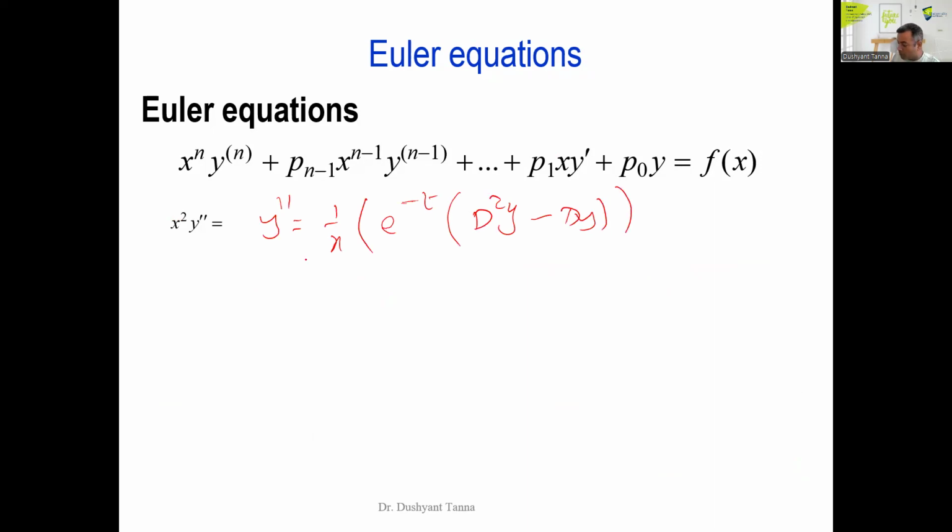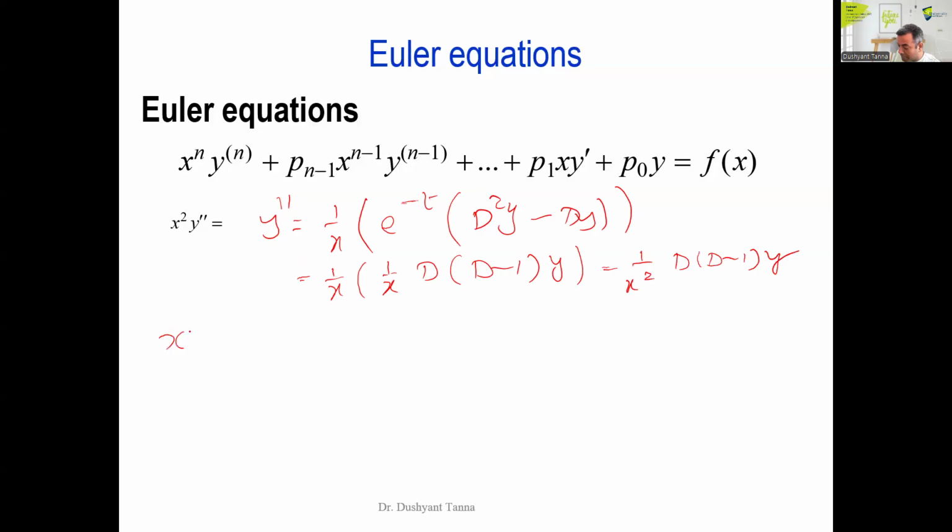Okay, now e power minus t is also 1 on x as we just wrote. Can I take d common and d minus 1 y? So finally, what I got is 1 over x squared, d times d minus 1 and y. So that's coming up nicely.